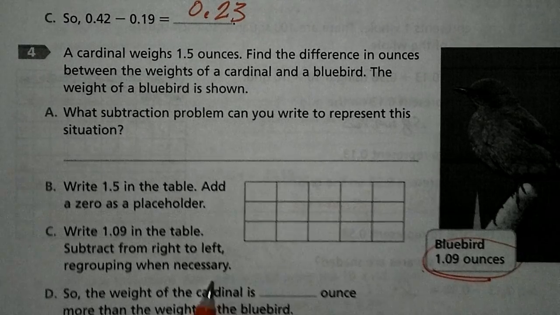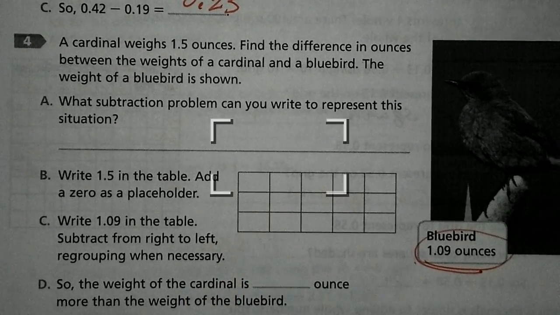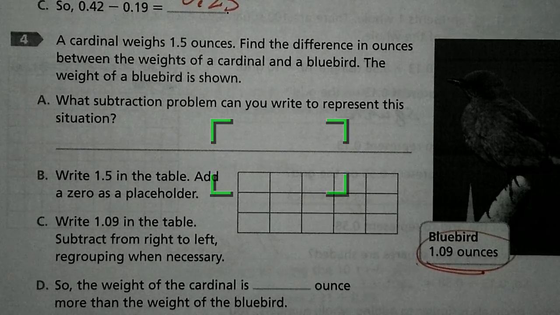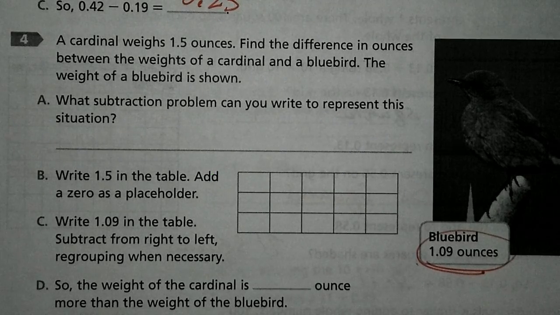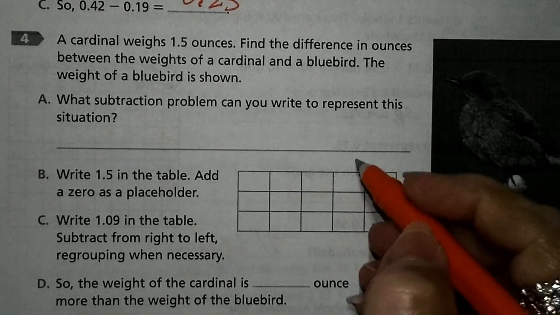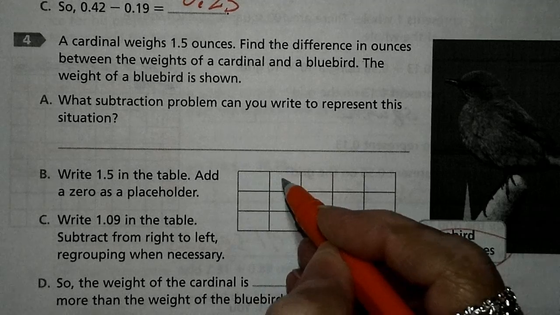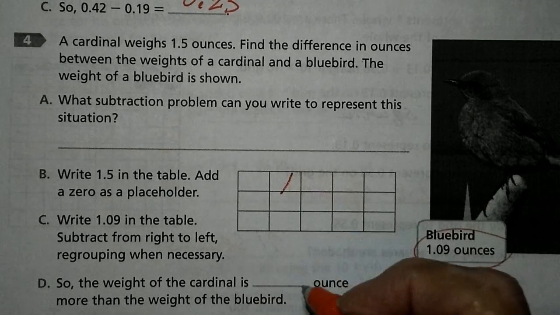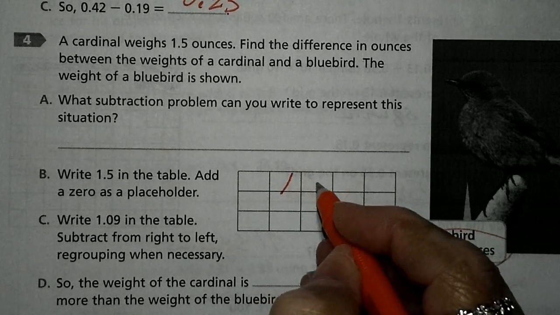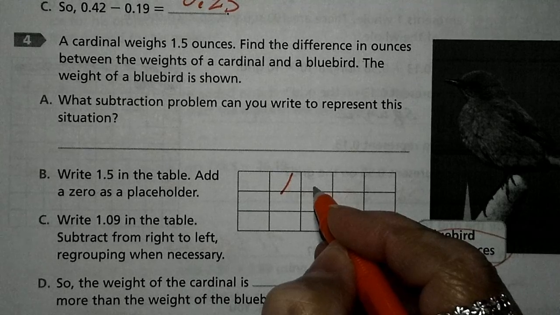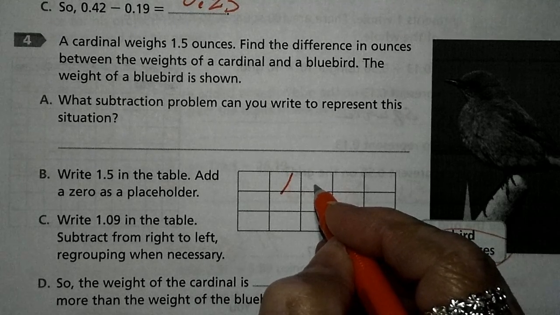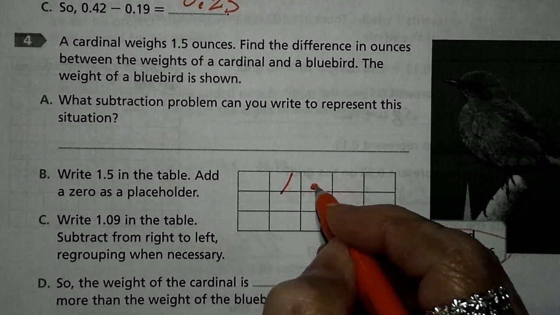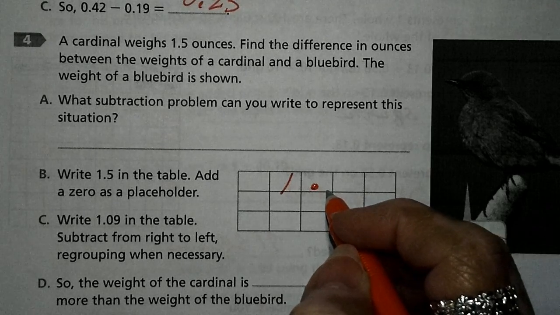So how am I going to put that in the squares? What do I need to put first? We need to put the one on the top on the second square. Here? Yes, ma'am. Okay, what goes here? The decimal.